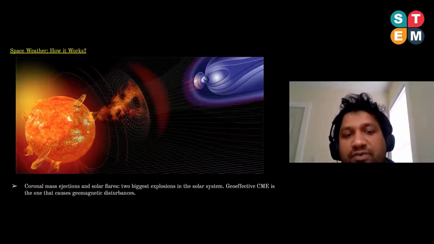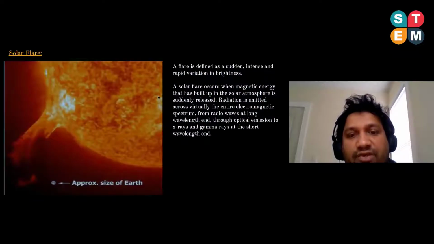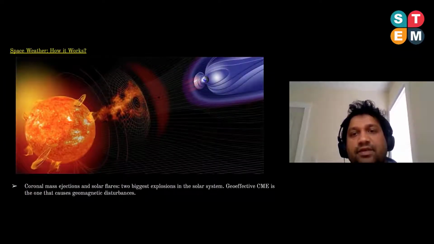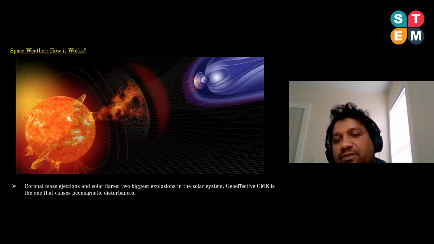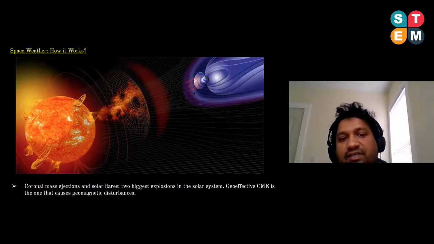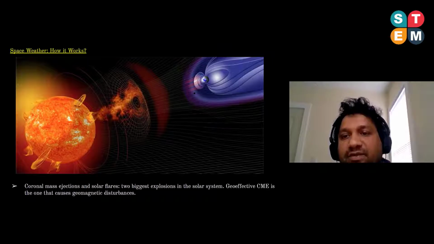So what is space weather and how does it work? The coronal mass ejection and the solar flare are the two biggest explosions in the solar system. These explosions directly hit the Earth's magnetosphere and create geomagnetic disturbances.